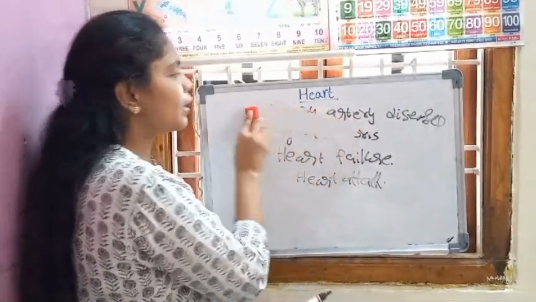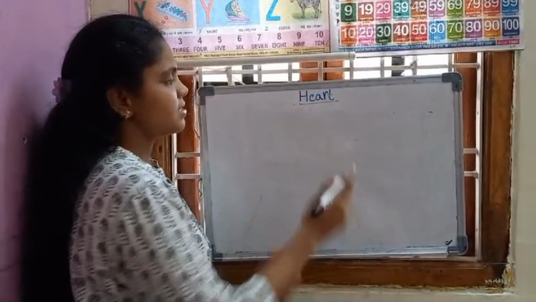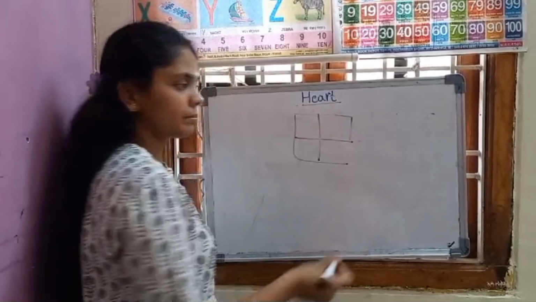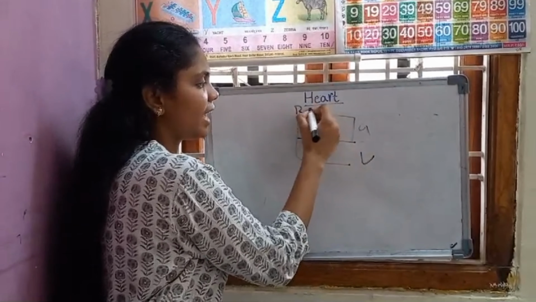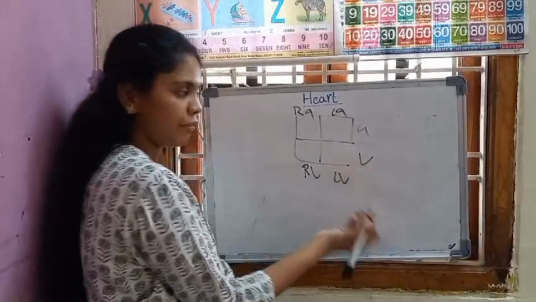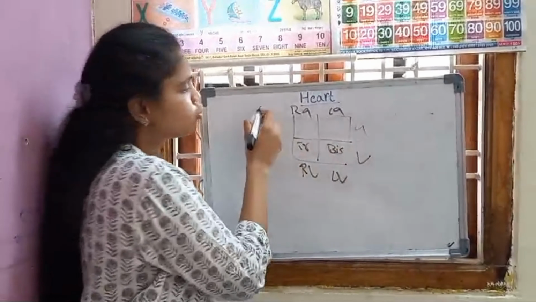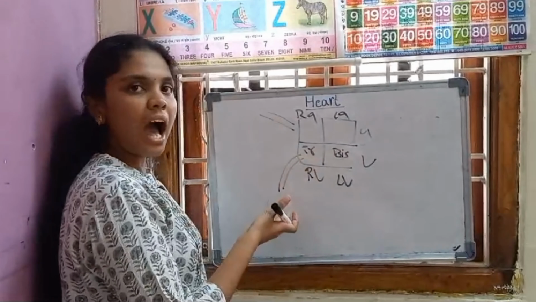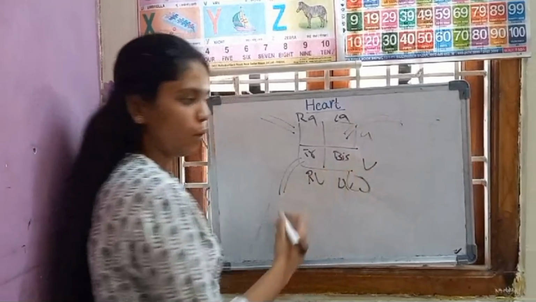And let us have a quick summary very easily. As we said, the square is our heart: right atrium, right ventricle, left atrium, left ventricle, tricuspid valve and bicuspid valve, superior and inferior vena cava, pulmonary artery, pulmonary vein, aorta.